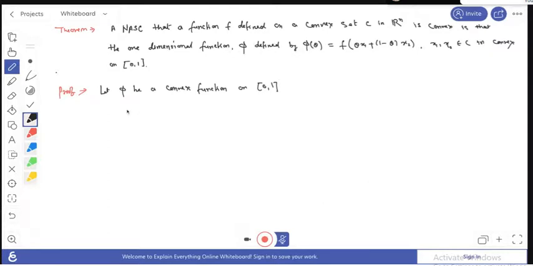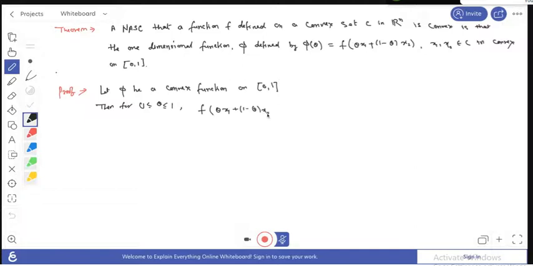Okay. So if this is a convex function, then for any theta which belongs to 0, 1, you have to find what is the value of f of theta x1 plus 1 minus theta x2, the convex combination of these 2 points.